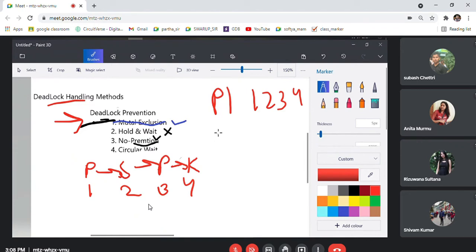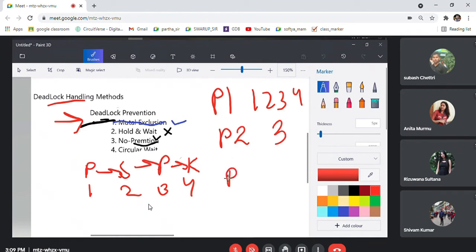Now let us say a new process P2 comes. It is not a newly submitted process, let us say it is an old process. It already has, let us say, resource 3. Now it is asking for resource 1. So what does circular wait say?